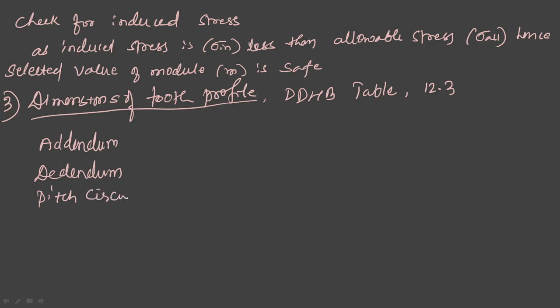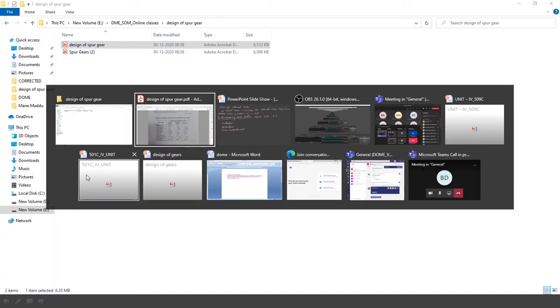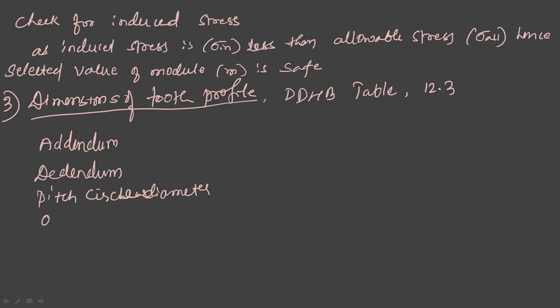Already they have given the pitch circle diameter. You put it as it is. What else remains here? So outside diameter. So root diameter.